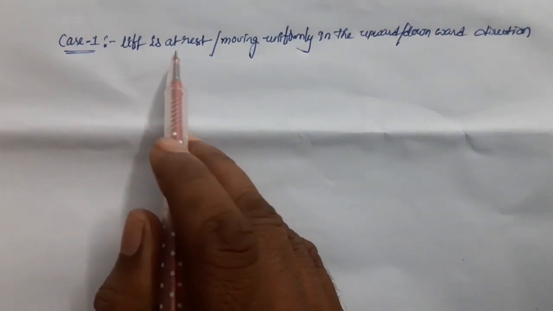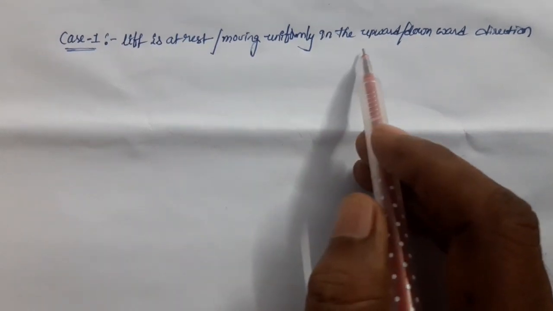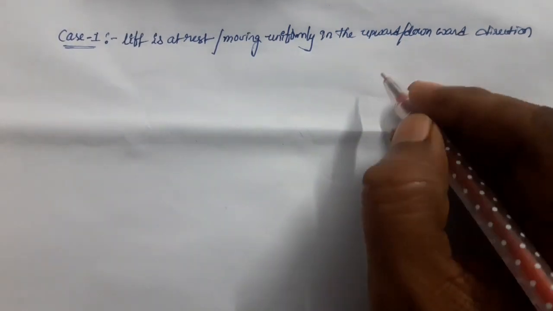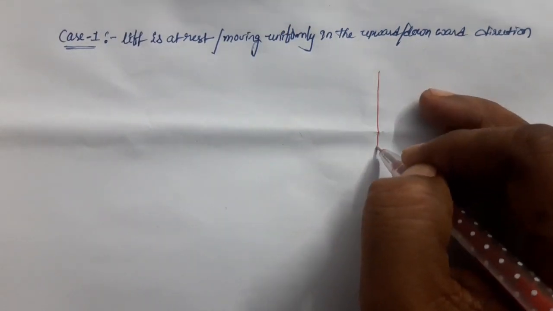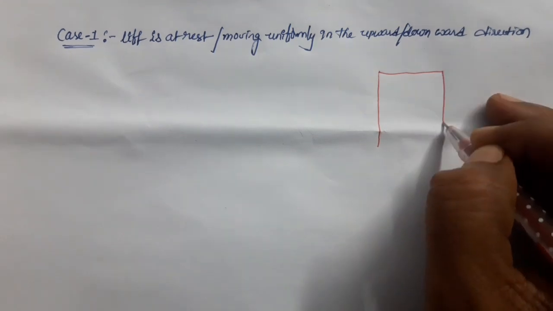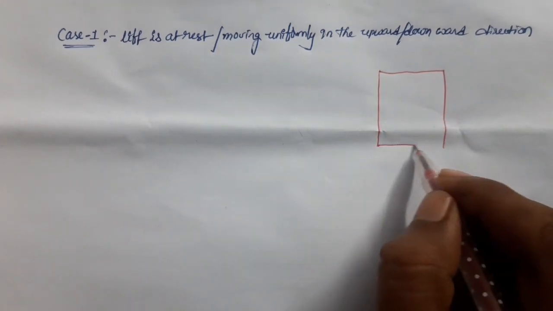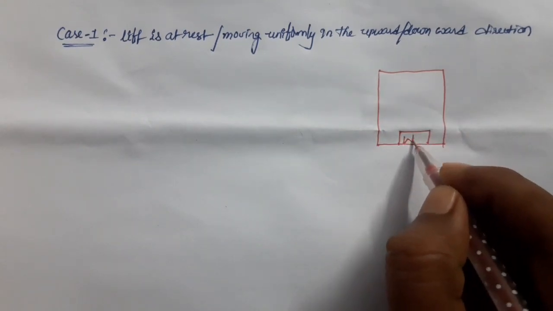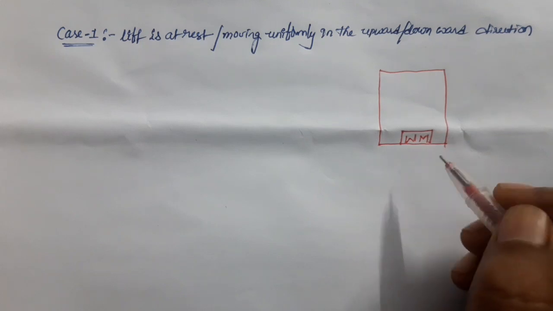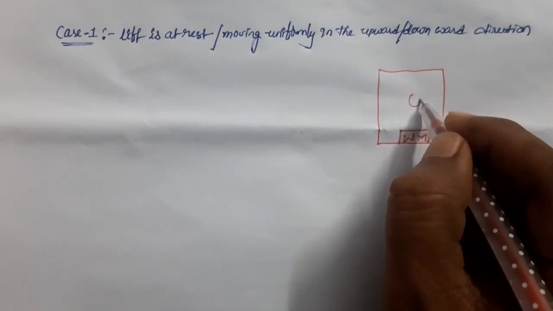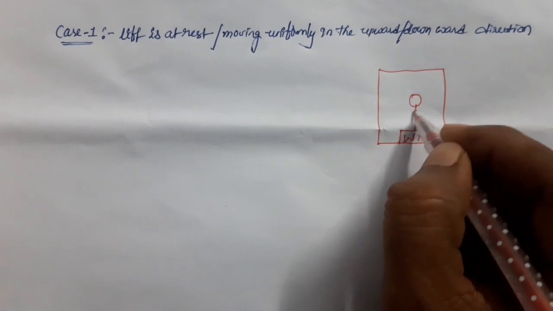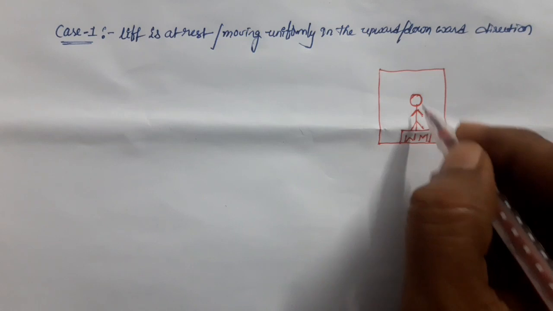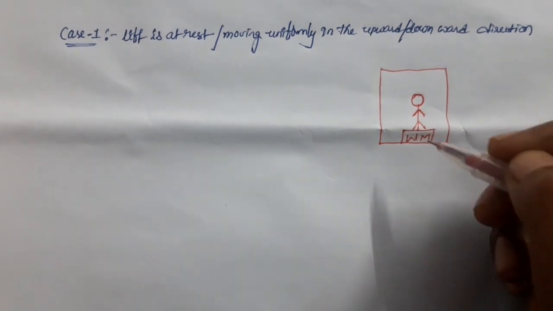In this first case, the lift is at rest or moving uniformly in the upward or downward direction, students. Taking the lift here, this is the weighing machine. This person stands on this weighing machine. The mass of the person is m, students.